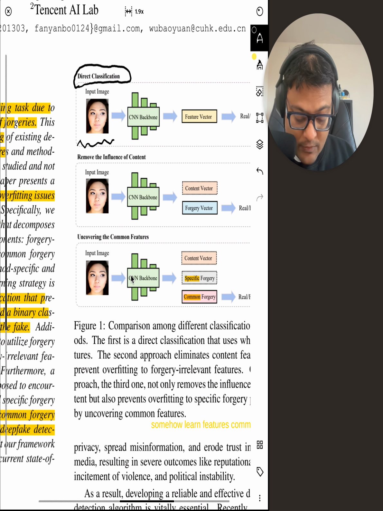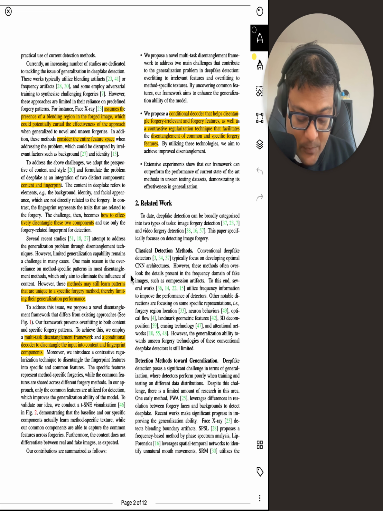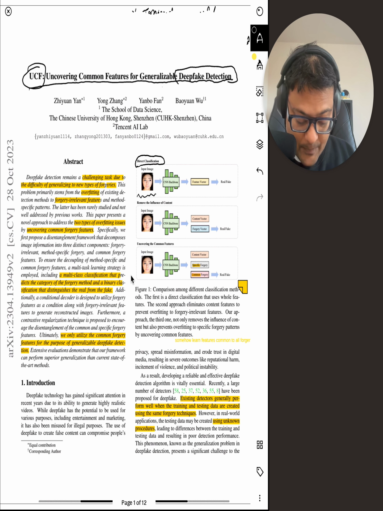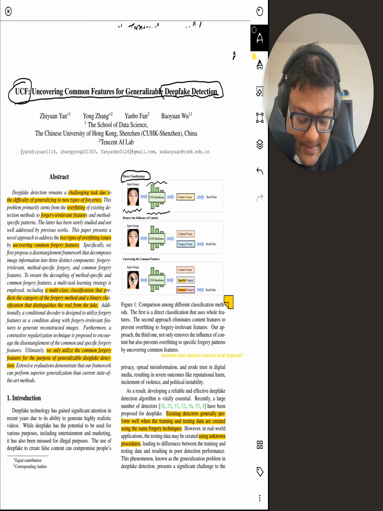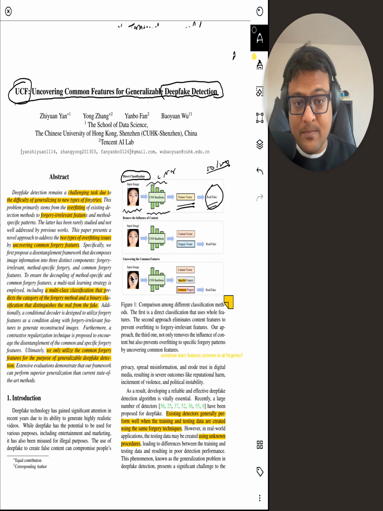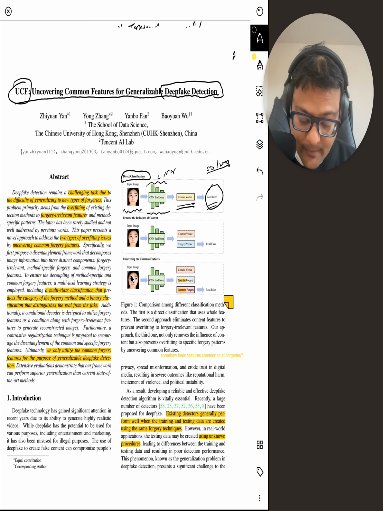You take an image and pass it through a neural network, which in this case is a CNN, compute a feature vector from it, and then classify the resultant image as real or fake. This is the first solution which comes to our mind. However, there is some problem with this, because if you do this sort of direct classification on this task, it does not work quite well.